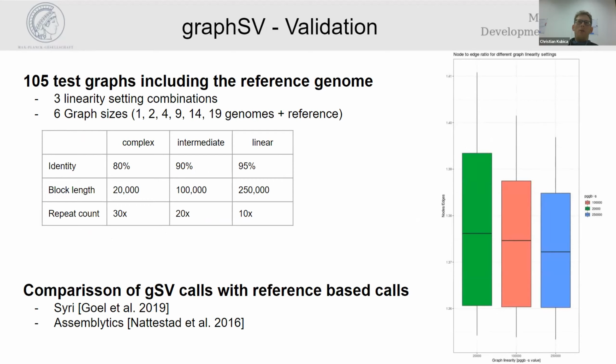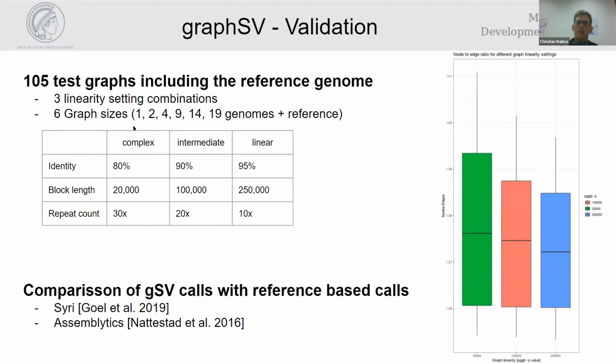Now that you know how this whole thing works, let's see how it performs. We built a total of 105 test graphs with 3 different linearity setting combinations using the PGBH pipeline and 6 graph styles. We always include the reference genome, in our case of Arabidopsis thaliana, and then different numbers of additional genomes.